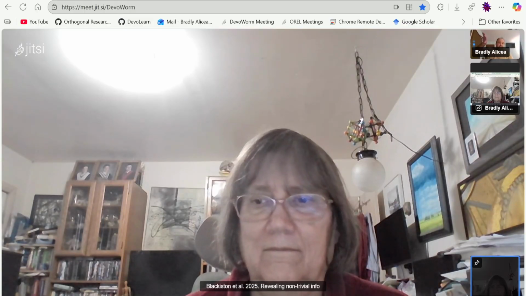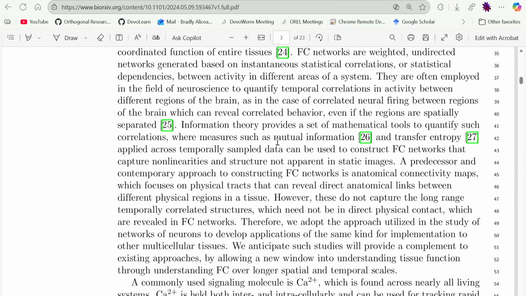We don't know if it's functional, and we don't know what that functional connectivity looks like, but there's a physical connection, and we can draw from that to make inferences about the functional connectivity. But again, they don't capture the temporally correlated structuredness of the tissue.